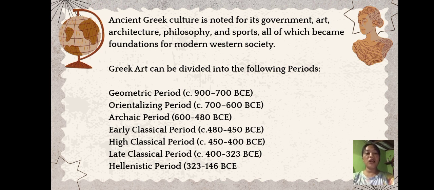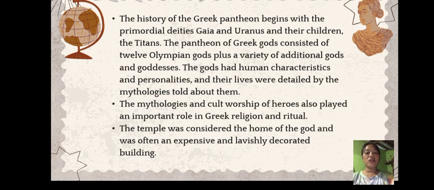The people lived a more pastoral lifestyle, basing their lives around their needs. In Greek religion, rational mythologies and cult worship of heroes played important roles in this time.